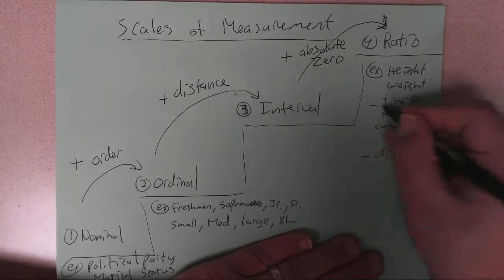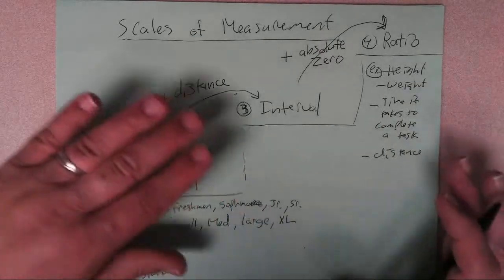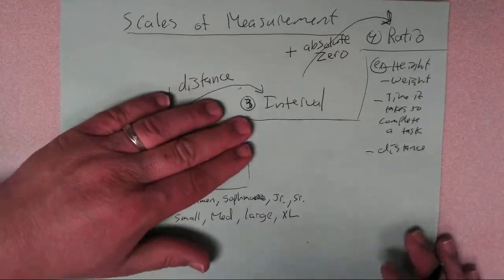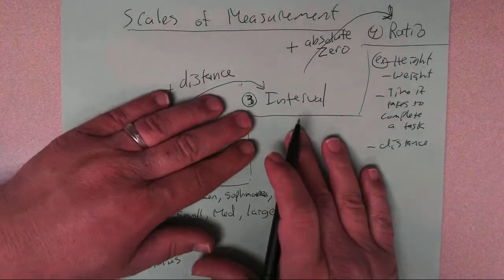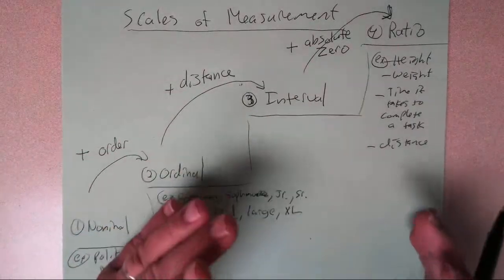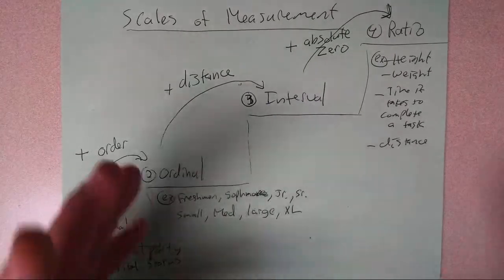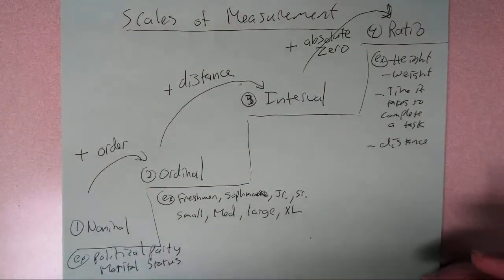So all kinds of things are ratio. Now, what's something that's on an interval scale? Well, an interval scale is a scale where it's not clear where 0 is. So take temperature, for example.